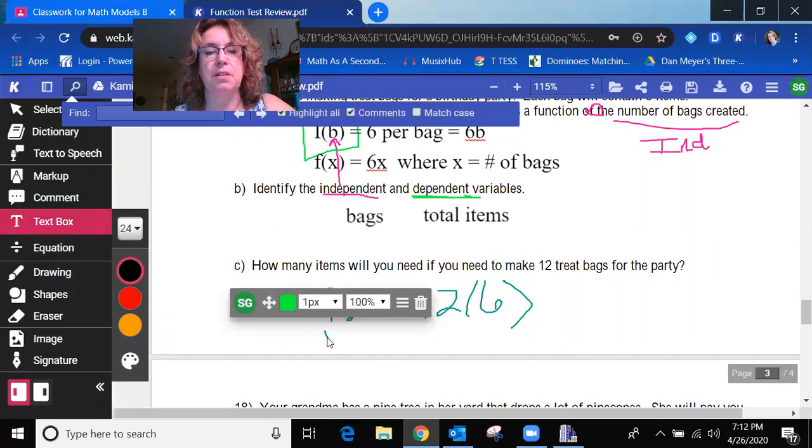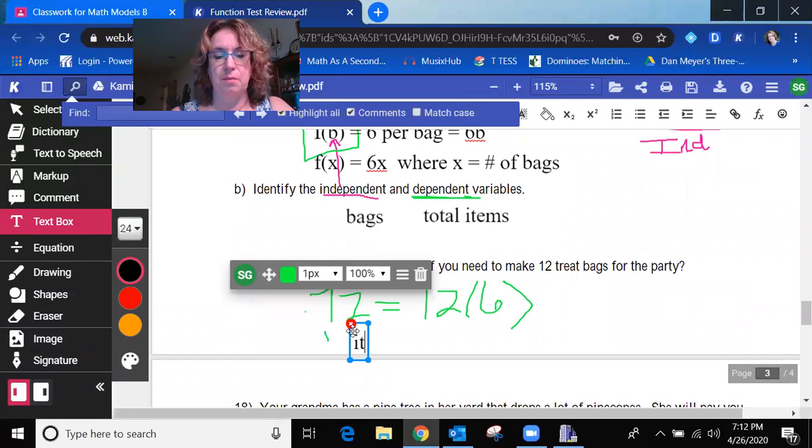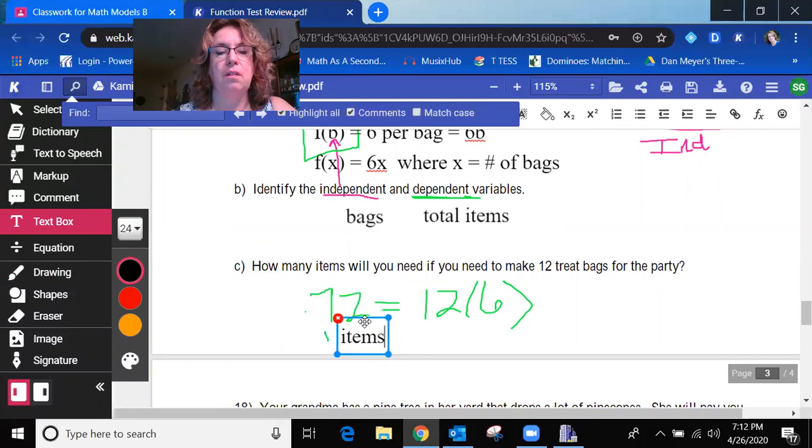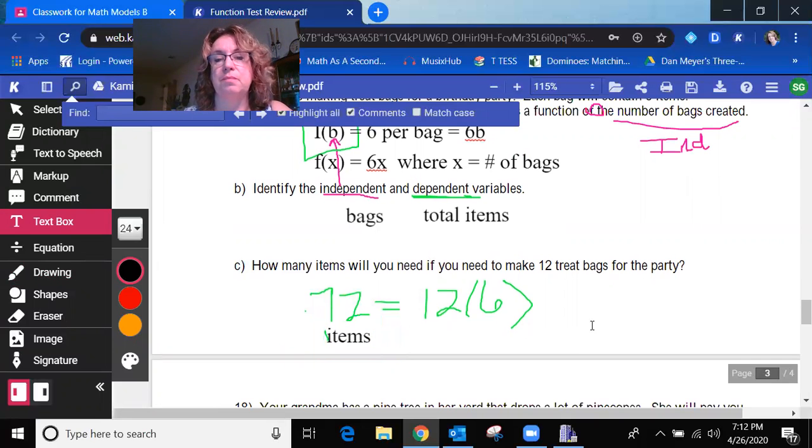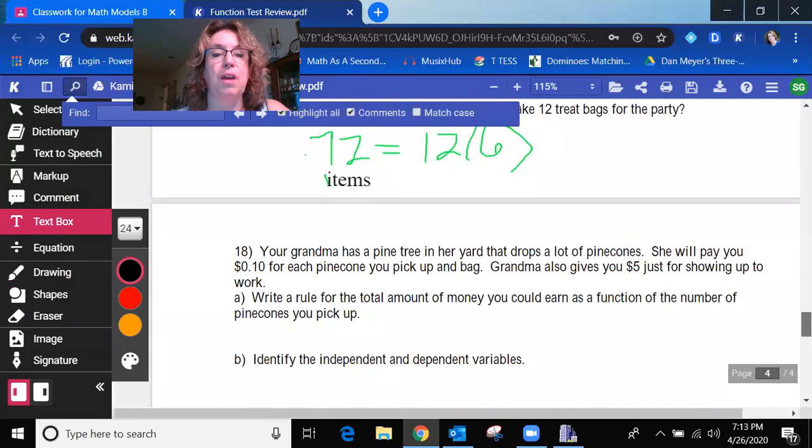I got a little distracted because it did something weird, but you do kind of want to label that. That's items. That makes it a better answer, to put the number in the thing.